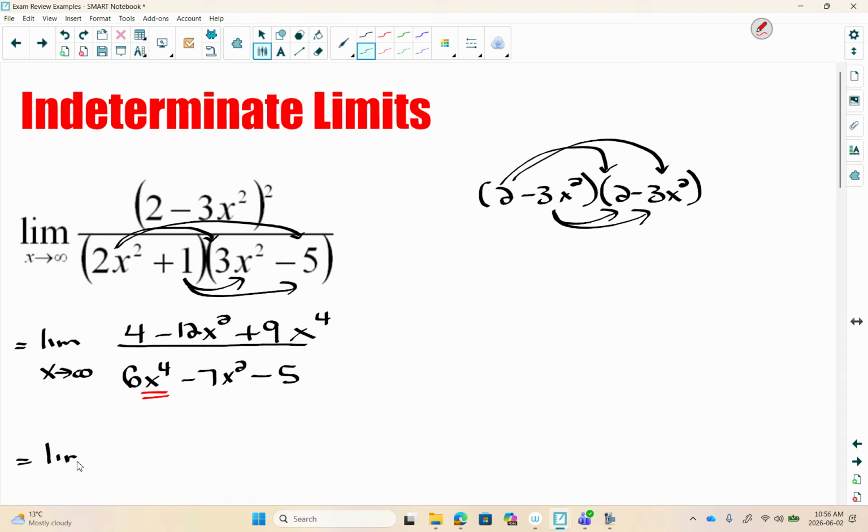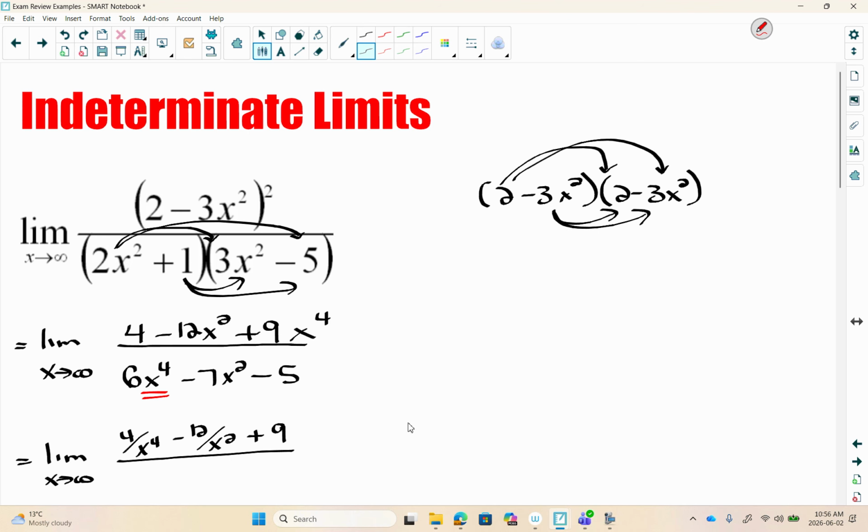If I divide every term in the numerator by x to the 4th, 4 divided by x to the 4th would look like this. -12x squared divided by x to the 4th would really leave a -12 on top of an x squared. Now what would 9x to the 4th divided by x to the 4th leave?